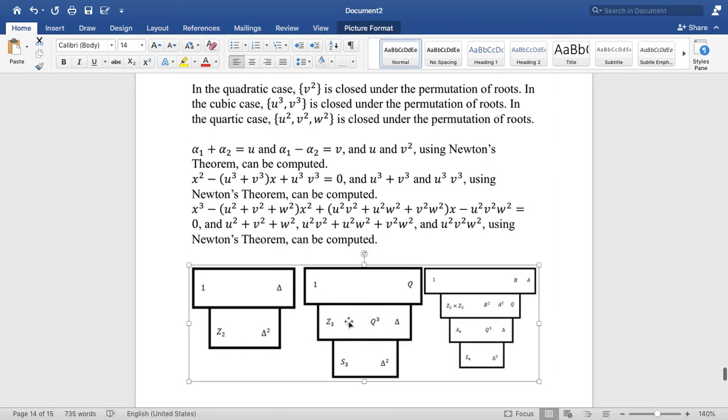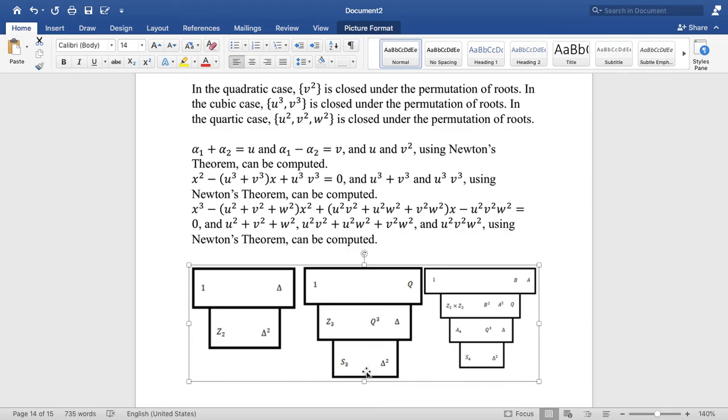Remember, they're symmetric with respect to Z3, but they're not symmetric with respect to all the permutations, only those Z3 permutations. And if you take the square root of those, it no longer becomes symmetric with respect to anything.